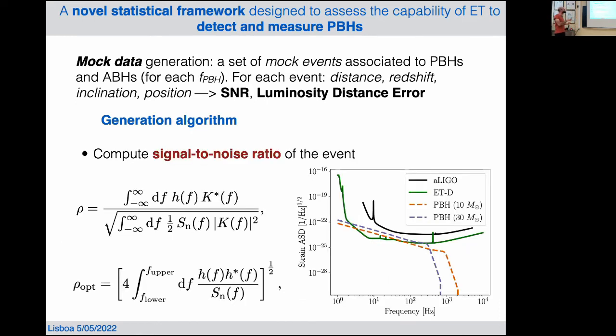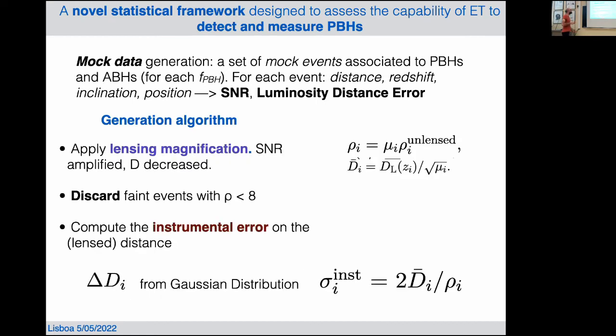We have the signal-to-noise ratio that can be computed given the noise power spectral density associated to Einstein Telescope. For each of these events, we have the luminosity distance and the redshift, and we can compute the signal-to-noise ratio. There are a lot of technicalities.